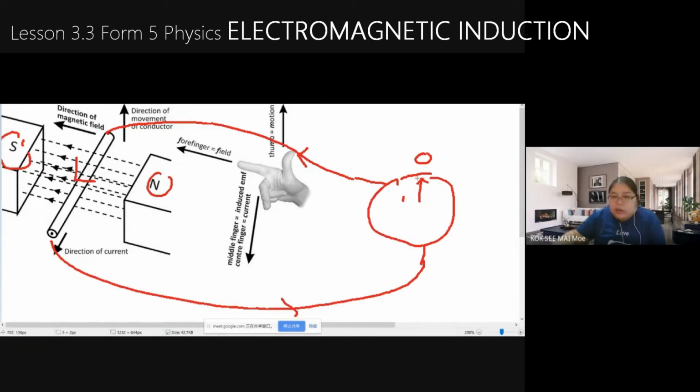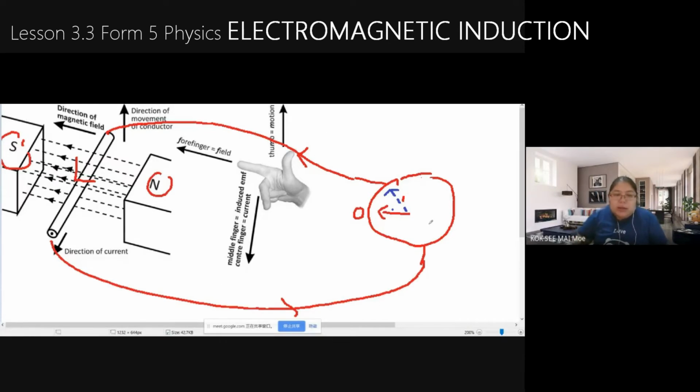If the 0 is in another direction, like this, nothing happens. Okay, if I put the 0 here, where does the current pass? The needle will deflect towards this side, following the current: it goes to here and goes back.